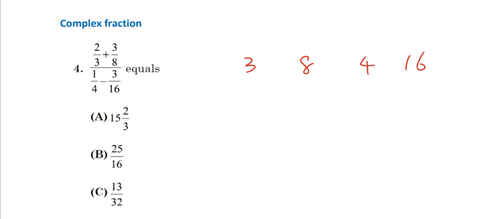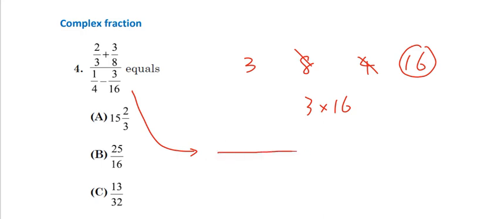We want to get rid of them, so we multiply by some number. If we multiply by 16, we don't need to multiply by 8 and 4 separately. So we multiply by 3 times 16. Each term we multiply by 3 times 16.